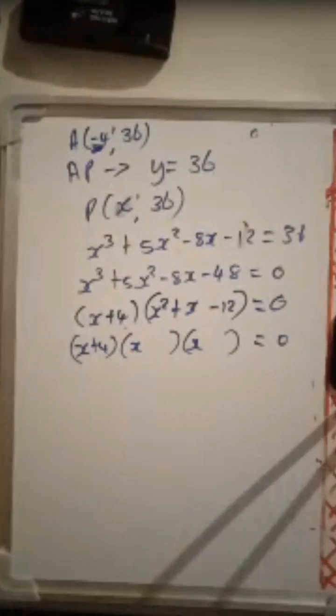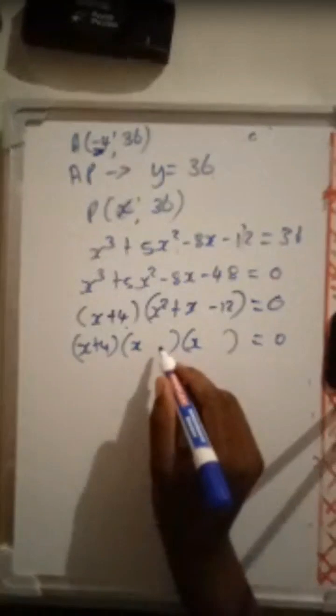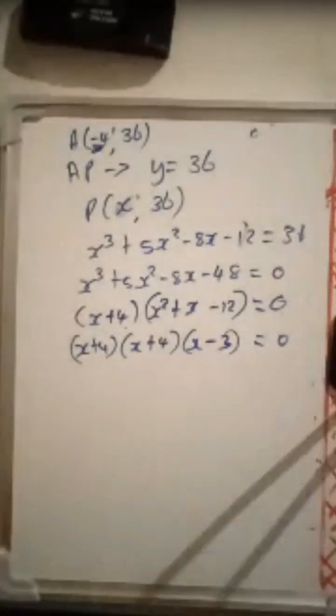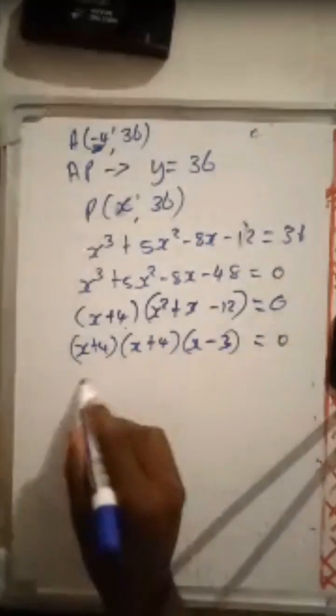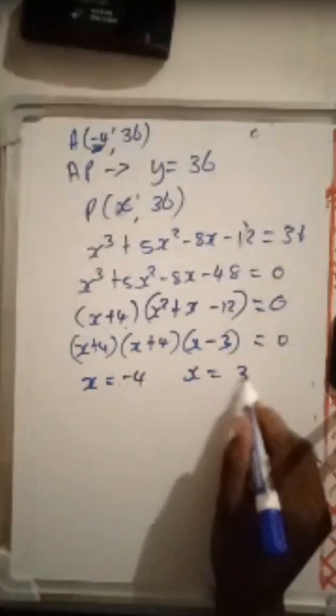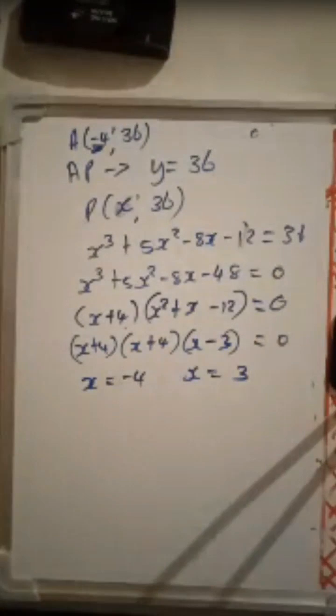Factorizing that, two numbers that multiply to negative 12 and add to 1 are positive 4 and negative 3. So we get x equals negative 4 and x equals 3 after solving that. Obviously negative 4 is the other side, so x equals 3 is the other side.